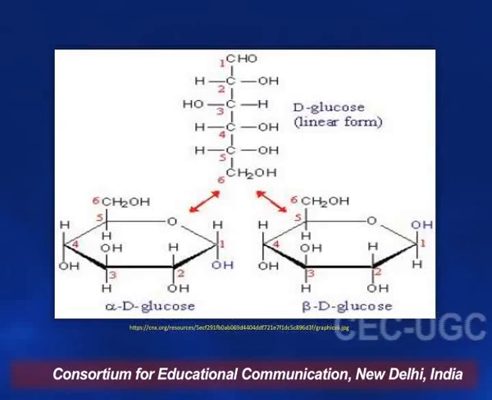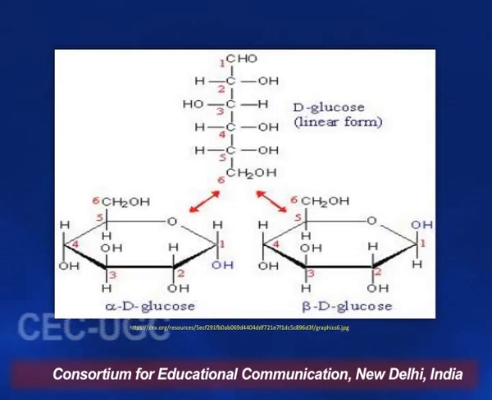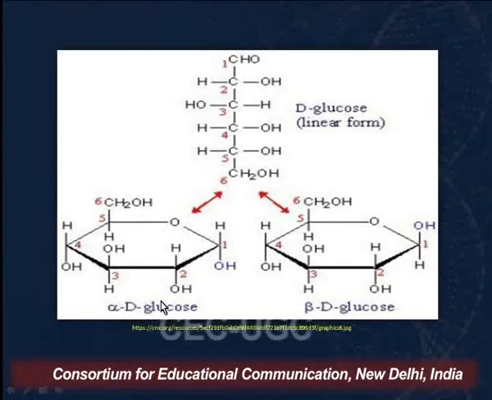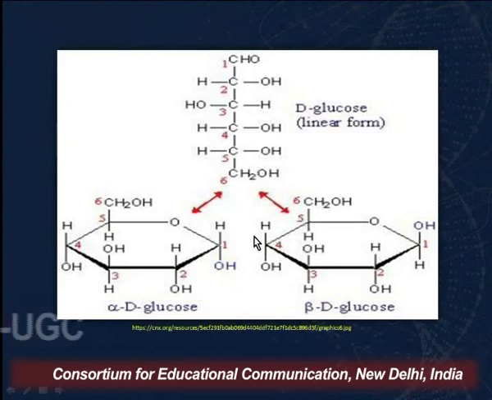When a reaction takes place between the hydroxyl group on the 5th carbon and the aldehyde group on the 1st carbon, it results in the formation of two cyclic structures. One is alpha D glucose and the other is beta D glucose. As to how they are formed and what is the relationship between them, I will explain.